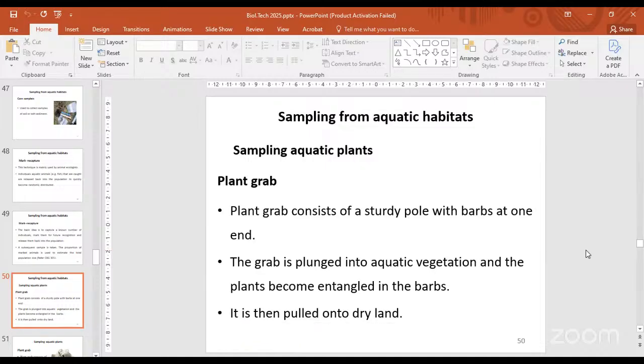There are devices that you can use to sample aquatic plants. A very good one is the plant grab. The plant grab is made of something like a metal which you throw into the water to harvest some aquatic plant. And then you pull it up, and then you can do your studies.